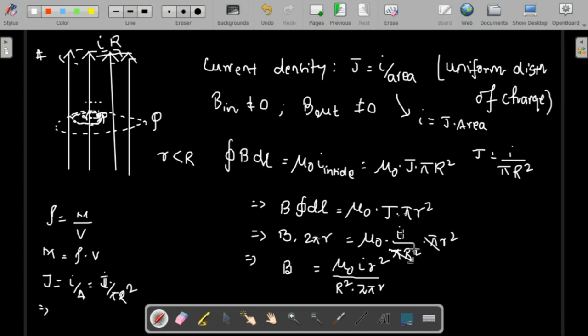So pi, pi gets cancelled. That's fine. So this and this will actually get cancelled. So I'll simply have it as mu naught I r divided by 2 pi capital R square. Okay, so this would be the result for this.